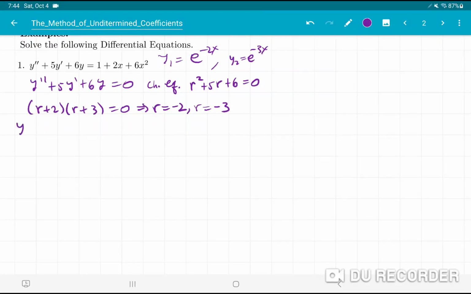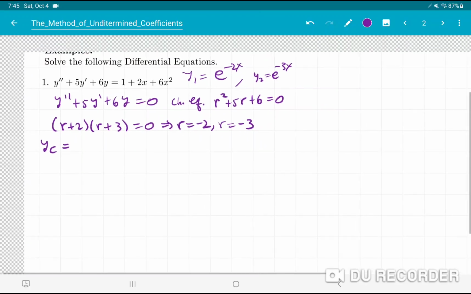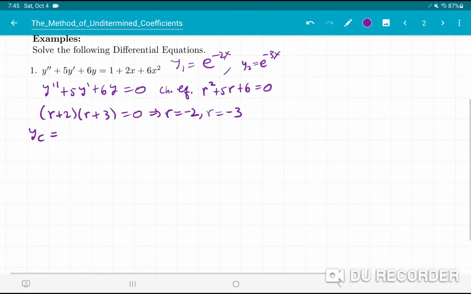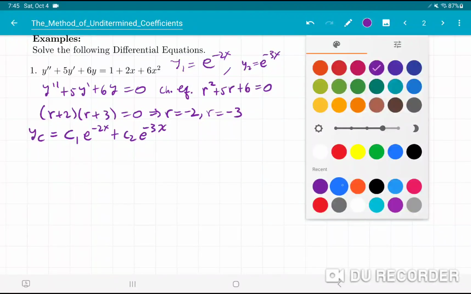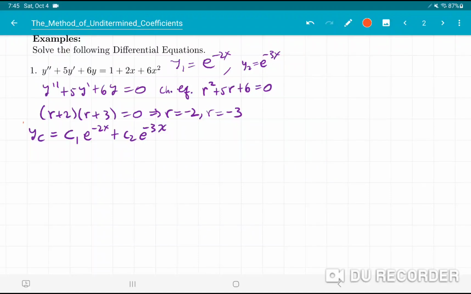So we're going to call the solution to this homogeneous differential equation yc. It's c1 e to the minus 2x plus c2 e to the minus 3x. Okay, we will save this solution, and we'll come back and use it later.